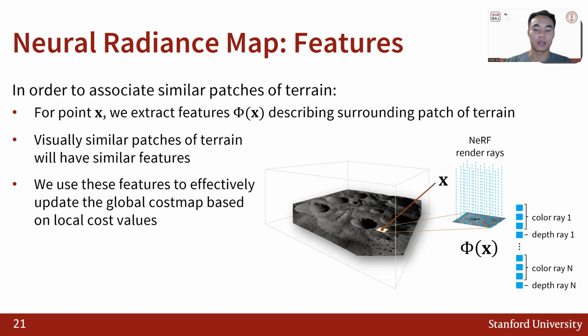Then once we have all of these accumulated color and depth values, referring to this diagram here on the right corner, we concatenate all these values together into a single feature vector. This vector then forms our Phi of X feature. We will use these features to effectively update the global cost map based on local cost values.